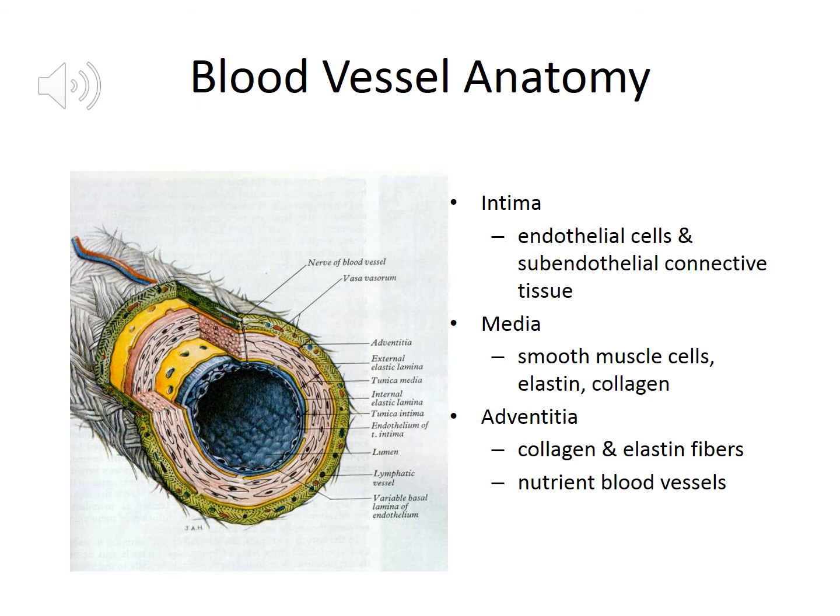The tunica intima has endothelial cells and subendothelial connective tissue. The tunica media is comprised primarily of smooth muscle cells, but also has elastin and collagen. The tunica adventitia is comprised of collagen and elastin fibers, and it also has nutrient blood vessels that actually come back to supply the blood vessel itself.